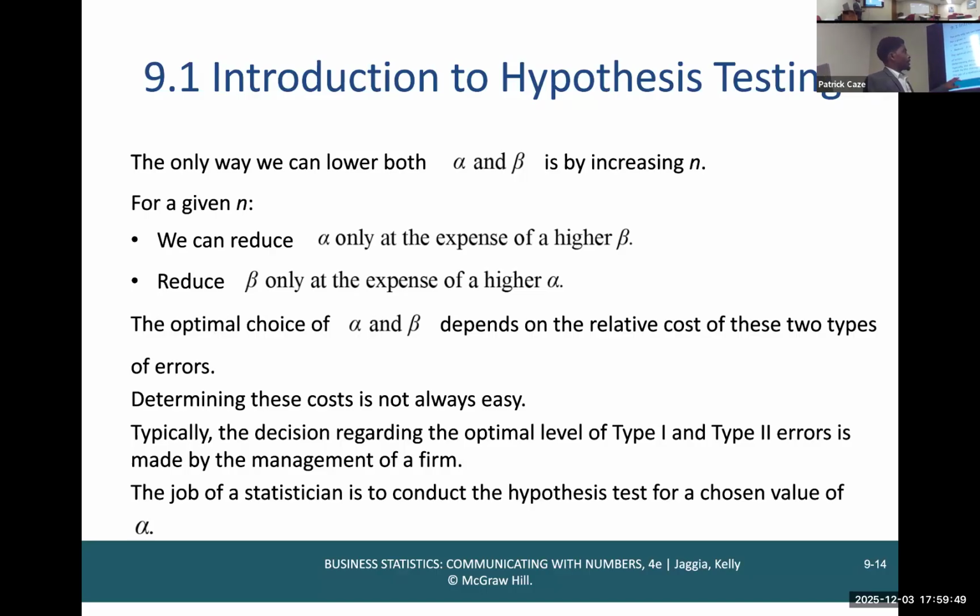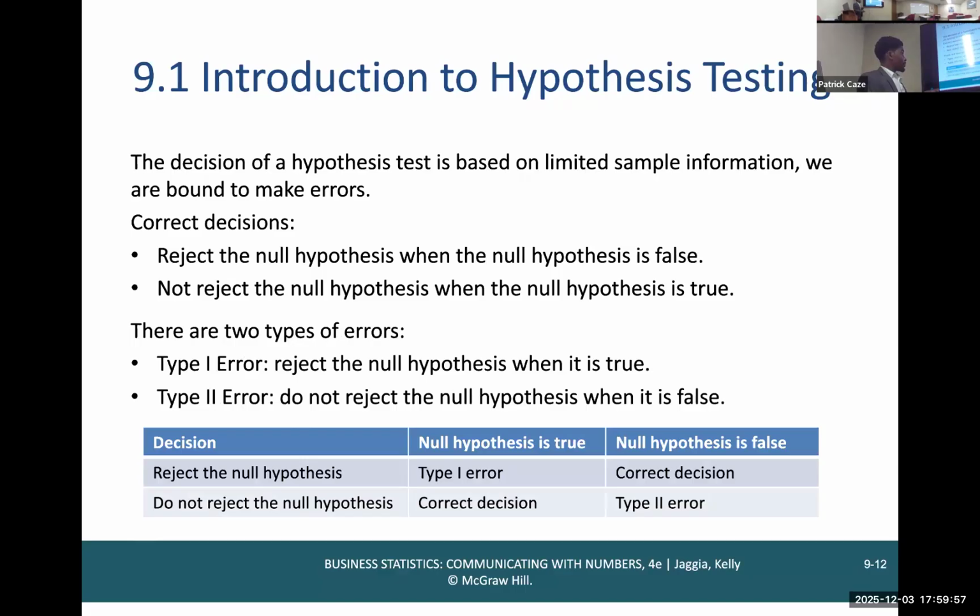Okay. So the job of the statistician is to conduct the hypothesis test for a chosen value of alpha. The type 1 error. So again, we go back: type 1 error, you reject the null, but in actuality, the null is true. So you make a type 1 error when the null hypothesis is true but you reject it.